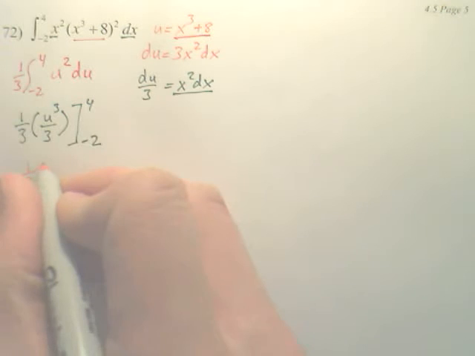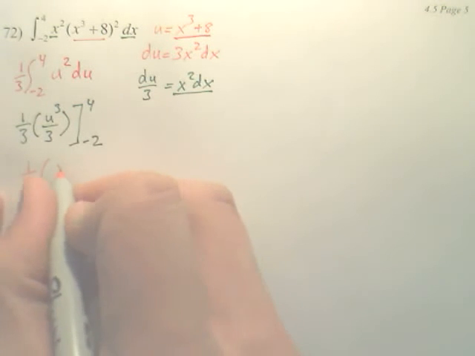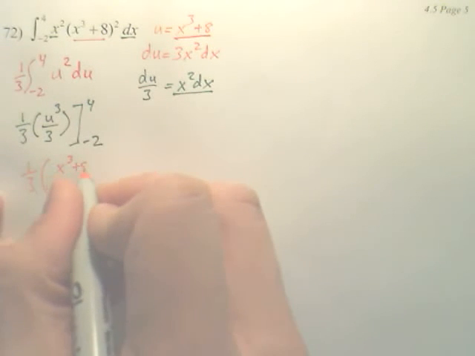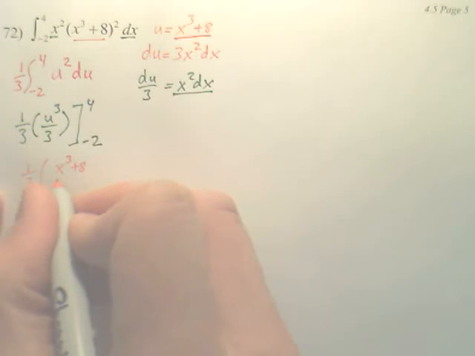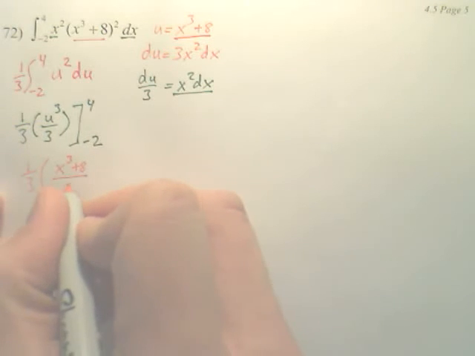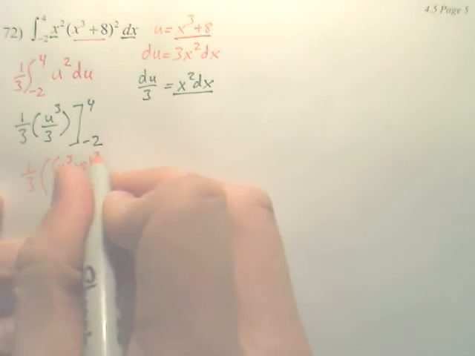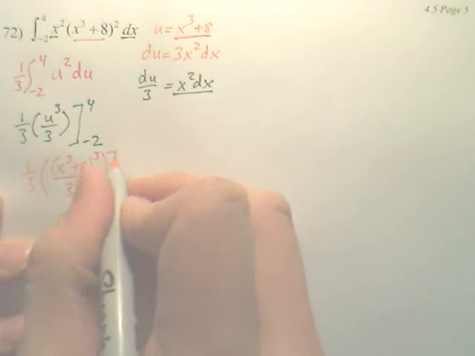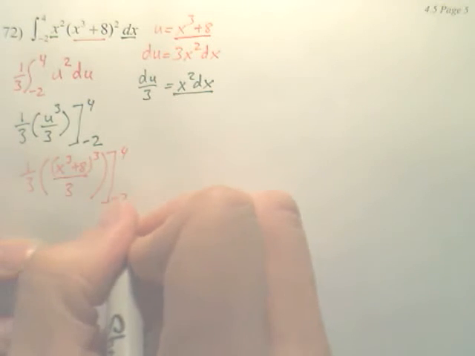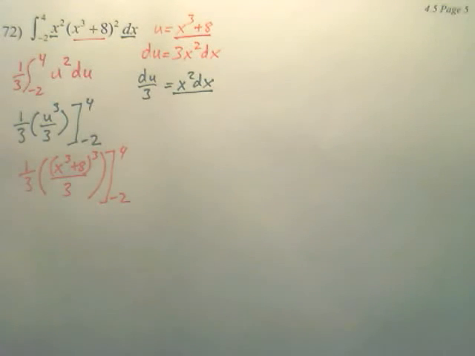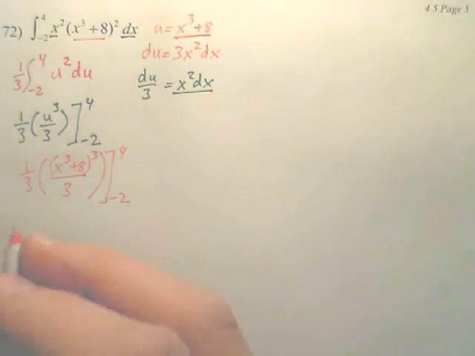We have 1/3. U was x cubed plus 8. So we go from there, plug in all our values.